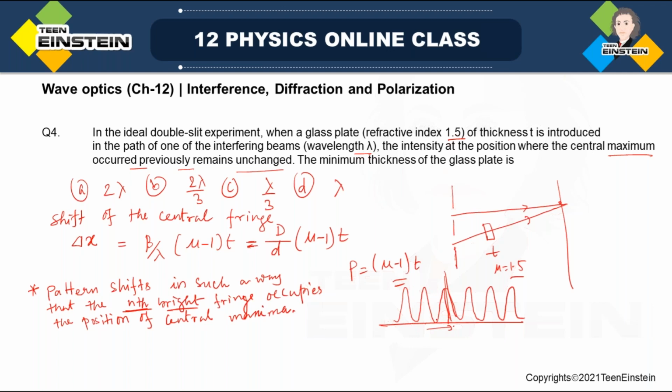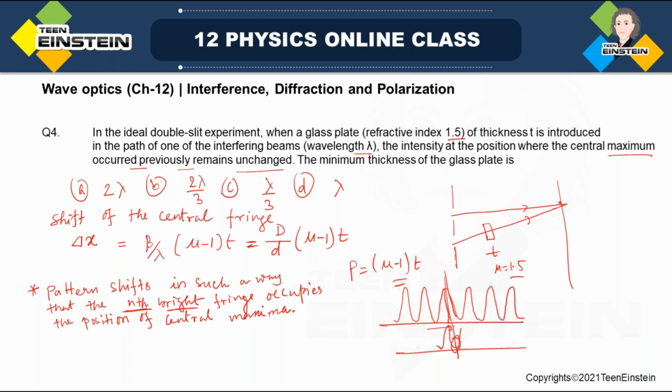If the shift were such that this minima goes to the position of the central pattern, so that the minimum intensity is occupying the central pattern, then you would have seen intensity variation after putting this thing.